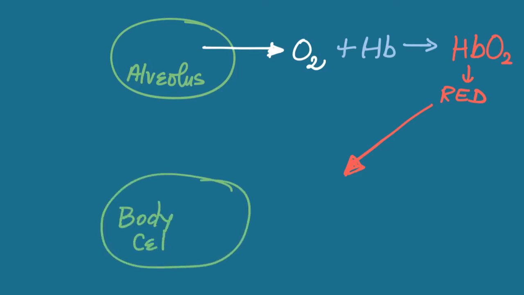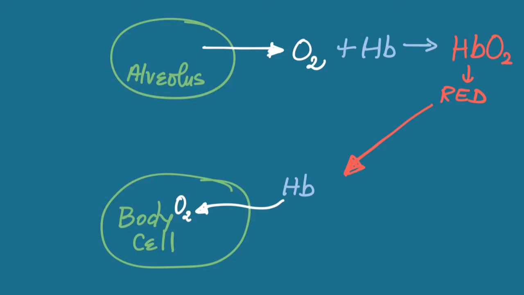In the body cell, the hemoglobin releases the oxygen, so it becomes blue again, and the oxygen is released into the body cell to help with cellular respiration.